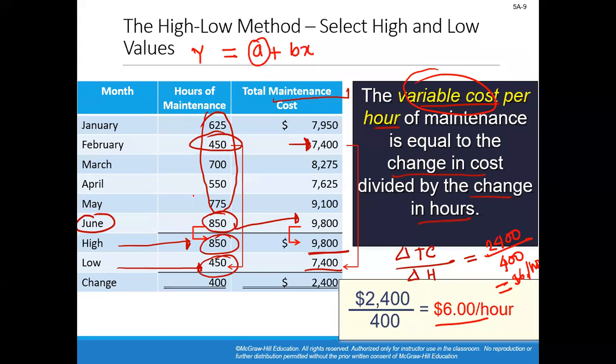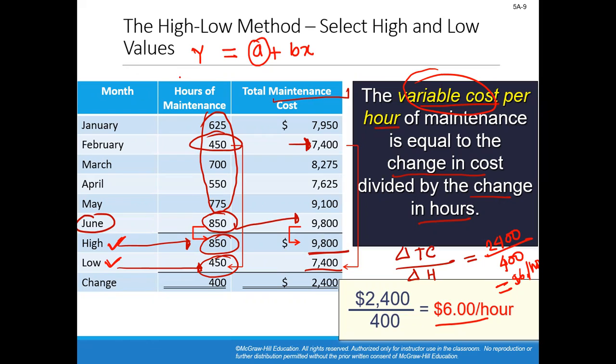It is much more straightforward. So let's do this first. Any point you can use, either high or low, or anyone between high and low, as long as you have used these two values.